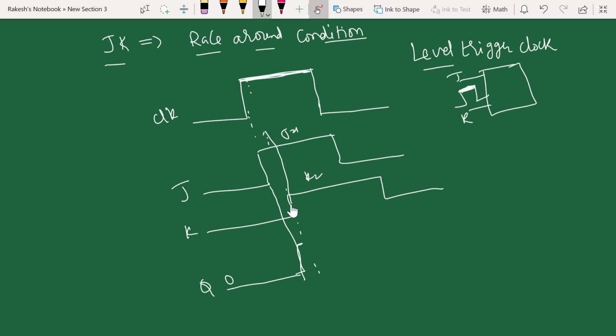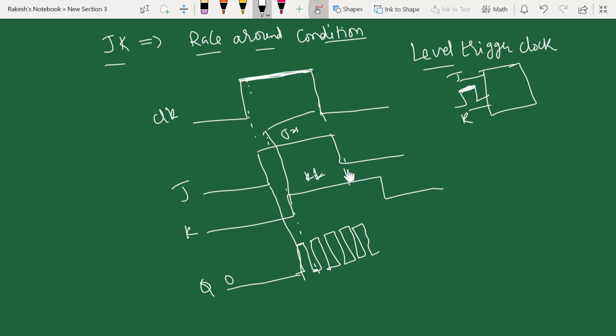During this period, your output first goes to 0. After that, J and K are 1, and the clock is also 1, so it toggles again to 1, again to 0, again to 1, to 0. This process will take place within that short period of your clock pulse.